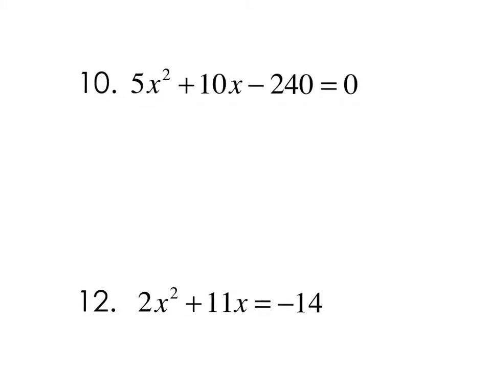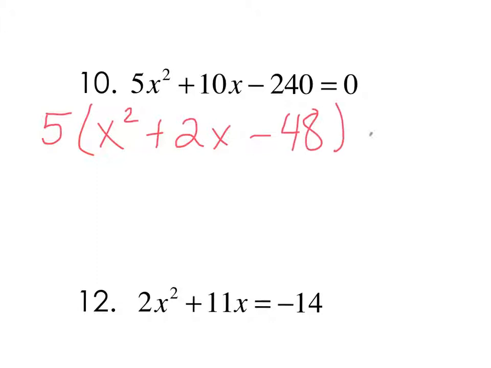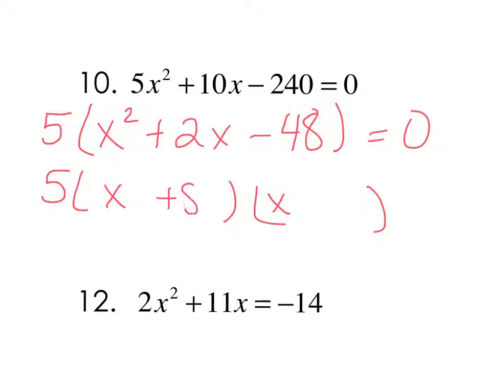Going on to number 10, is there a greatest common factor? Yes, there's a factor of 5, so I'm going to have x squared plus 2x minus 48 equals 0. So now I'm going to factor what's left over. Let's see, factors of 48 are 6 and 8, and the 8's going to be positive because I need it to be a positive 2 in the middle.